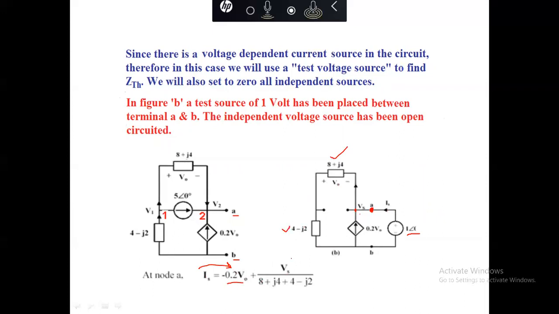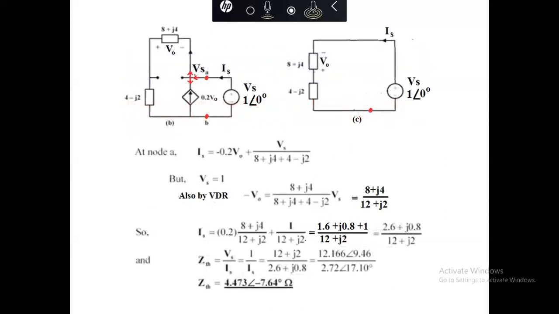So we will have the value of the current in the network, this current value. After applying the KCL, we have the value of Vs equal to 1.